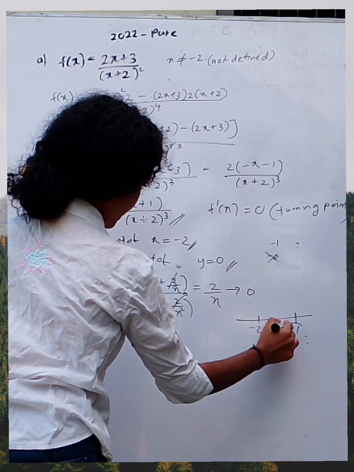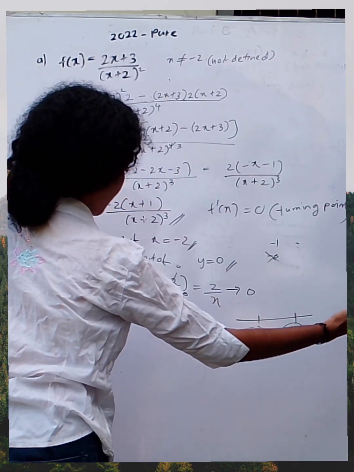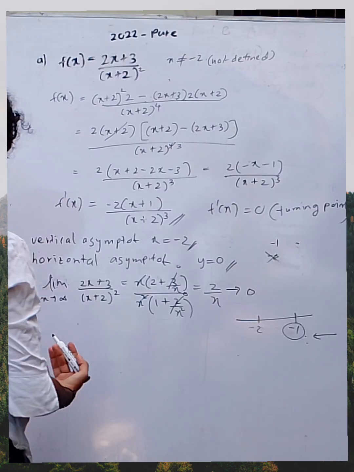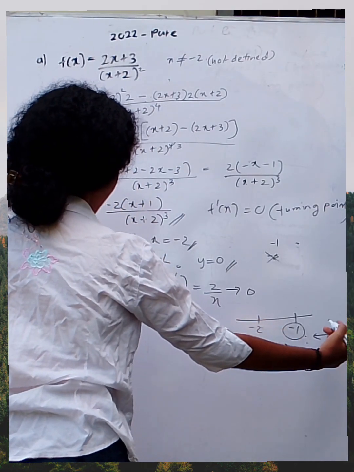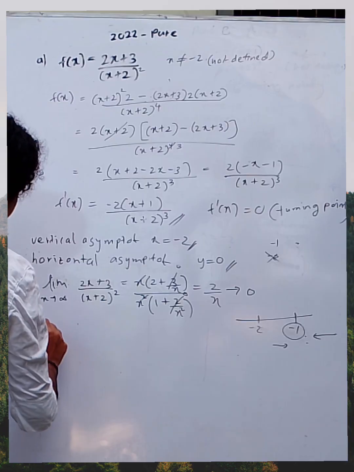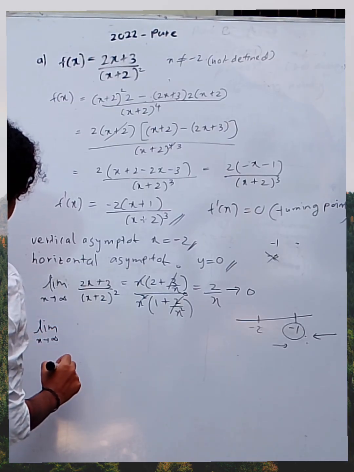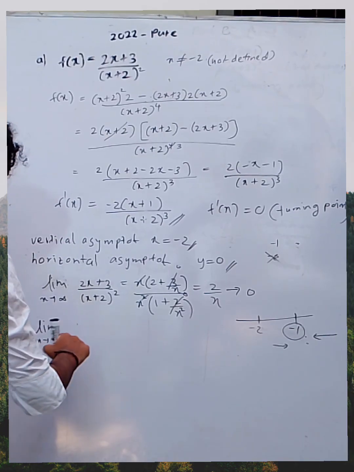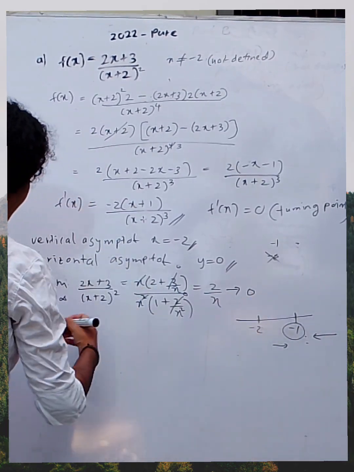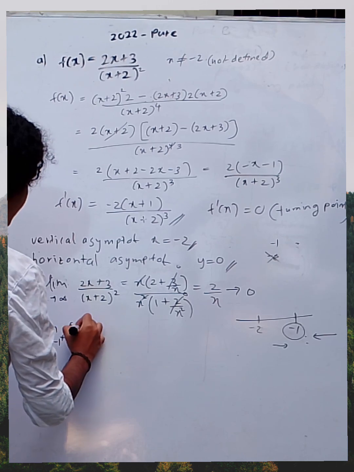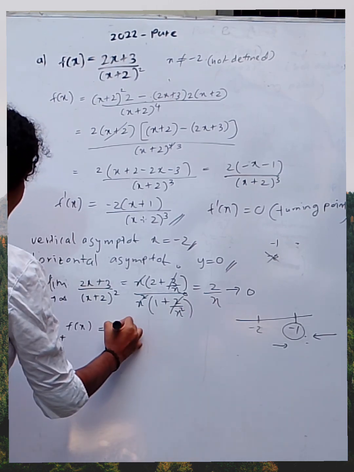So I consider minus 1, and when the limit approaches from your right hand side towards the left hand side, and from your left hand side towards the right hand side, I can take the limits. So I will take the limit of the function when x approaches minus 1 from its positive side. From its positive side, the function is negative infinity.